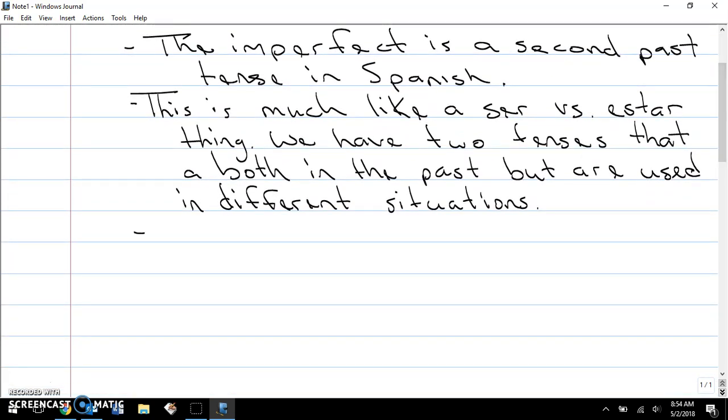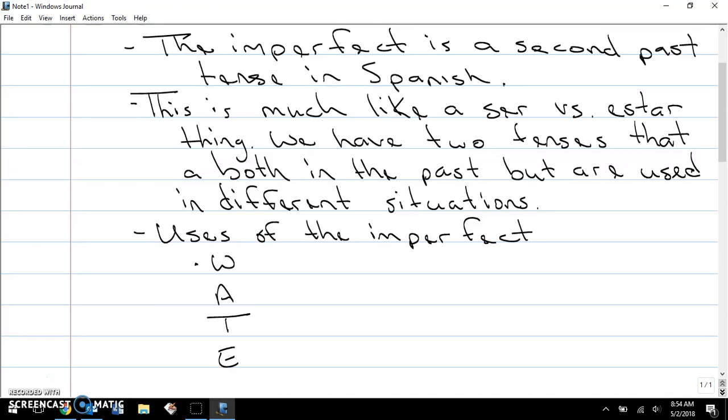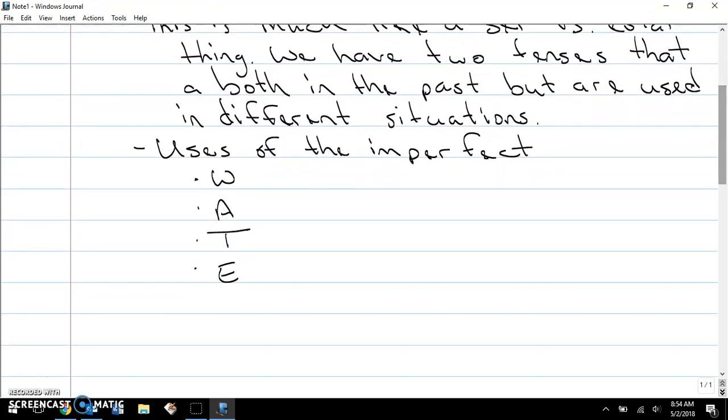So let's talk about uses of the imperfect. And I've come up with a little acronym here. W A T E R S. Waters. So W is weather.